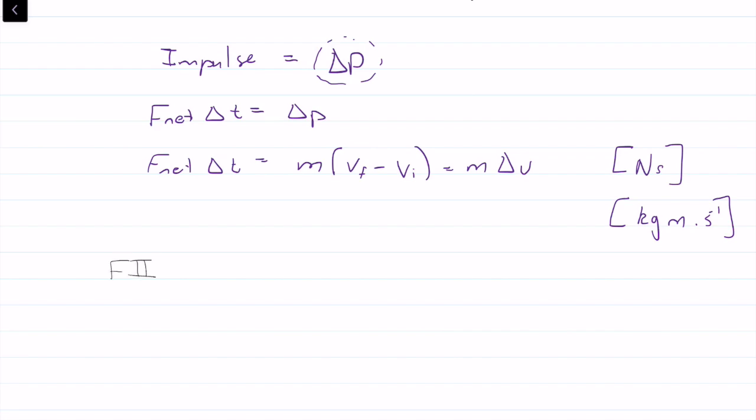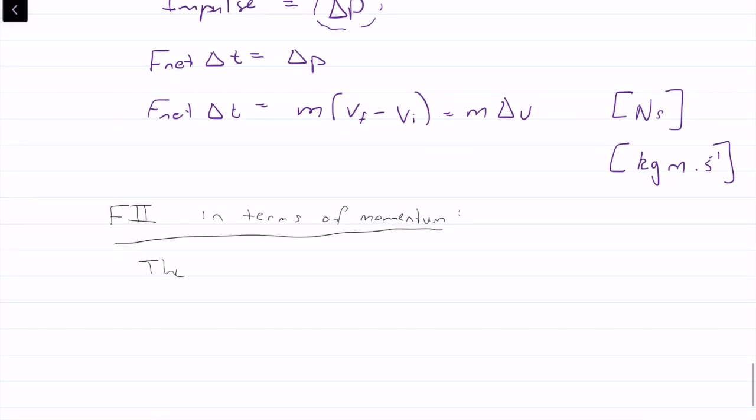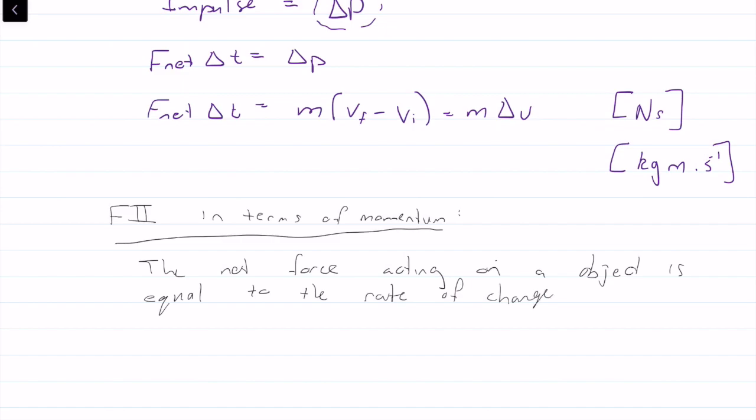Newton's second law, F net equals ma, can be defined in terms of momentum. The definition goes: the net force acting on an object is equal to the rate of change of momentum.